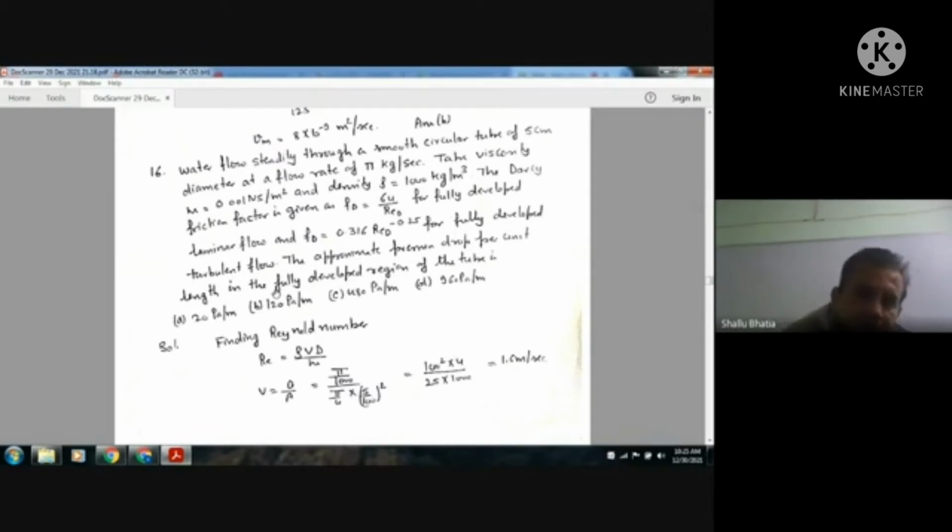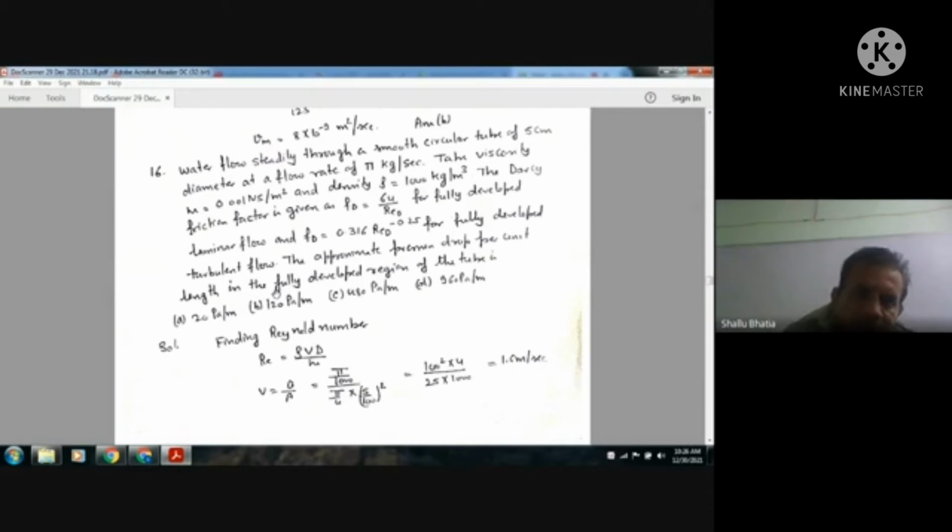The Darcy's friction factor is given as Fd is equal to 64 by Red for fully developed laminar flow and Fd equal to 0.316 Red to the power minus 0.25 for fully developed turbulent flow. The approximate pressure drop per unit length in the fully developed region of the tube is A 20 Pascal per meter, B 120 Pascal per meter, C 420 Pascal per meter, D 960 Pascal per meter.